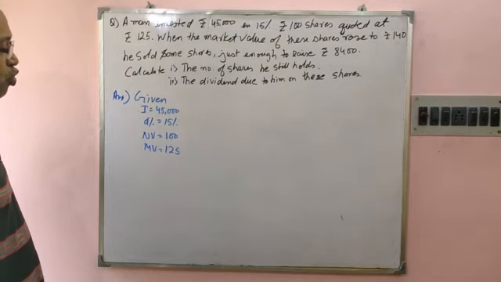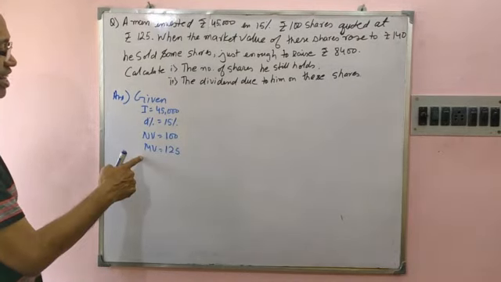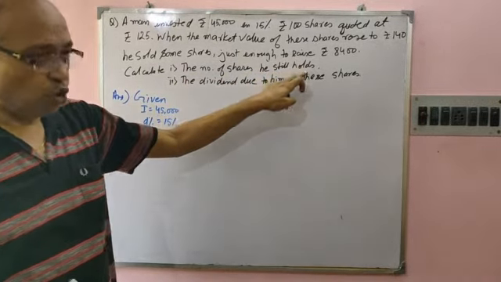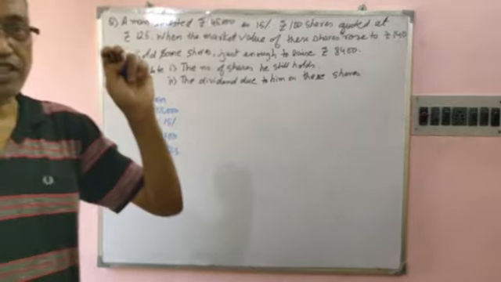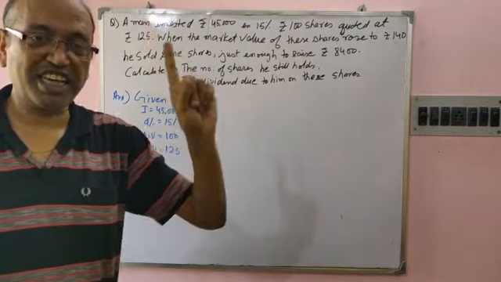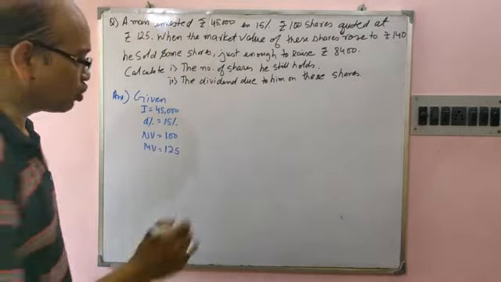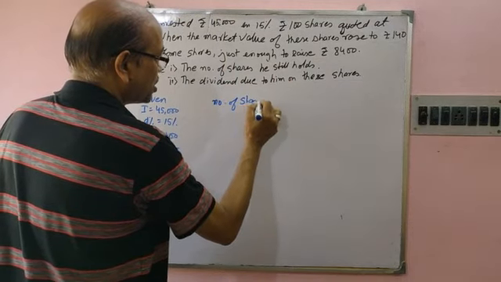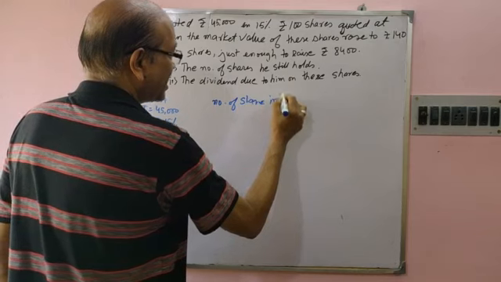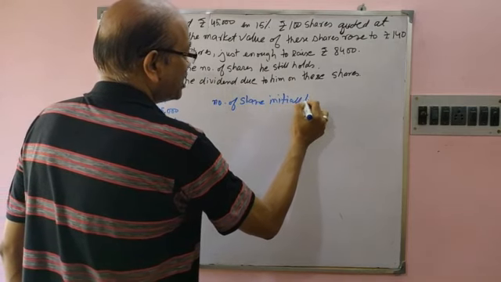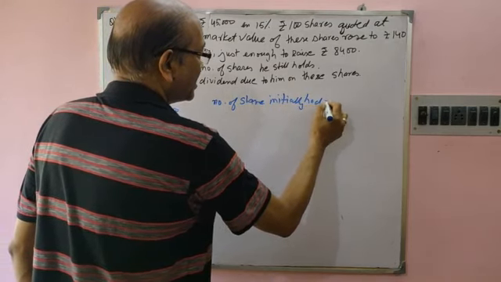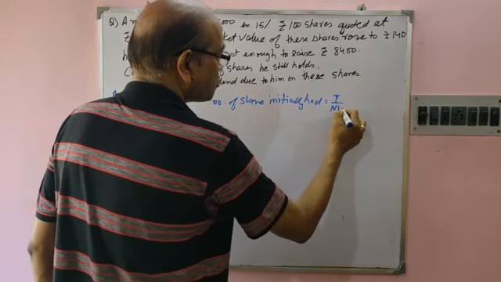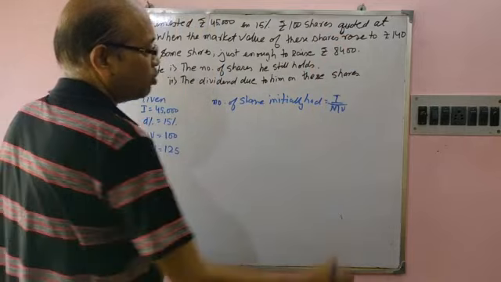So from here, can we find the number? Here it is said the number of shares he still holds. That means we have to first find the number of shares he initially had. Number of shares initially had is investment by market value.